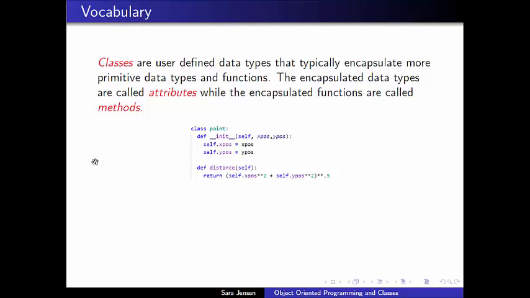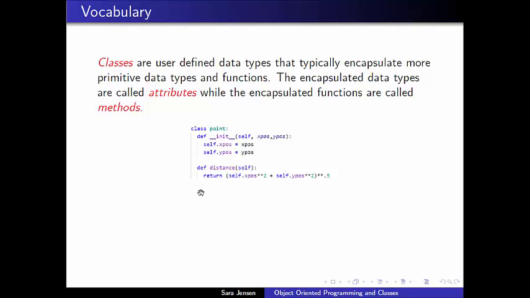So I've done a very small example here to clarify. For now, let's totally ignore the syntax of what we have written here, and let's think about the bigger picture. What I've tried to do is define my own data type, and I'm thinking of my data type as a point in the Cartesian plane.